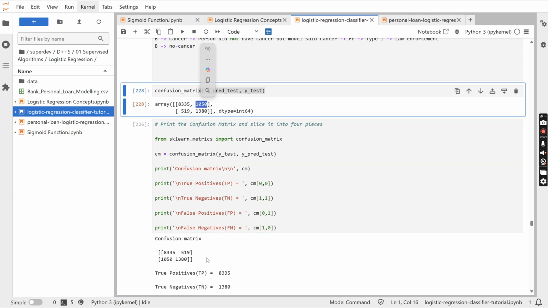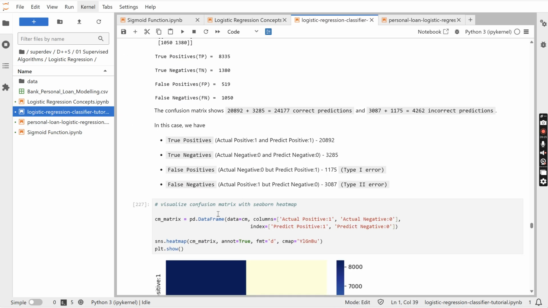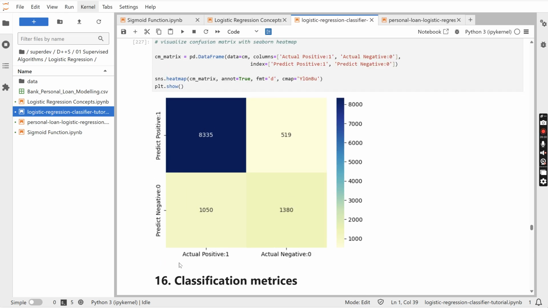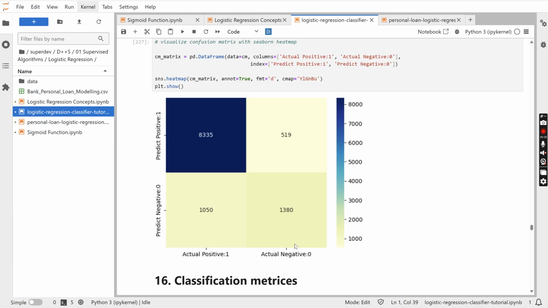This one, 1050 and 519, would be flipped. So you have to be mindful of this. Here when I'm calculating, my x-axis is the actual and the y-axis is the predicted. Only on the basis of these actual versus predicted values, I can calculate the false positives and false negatives.